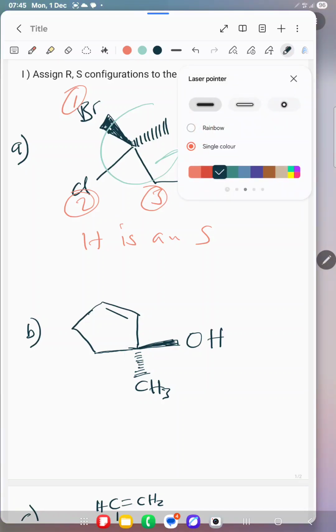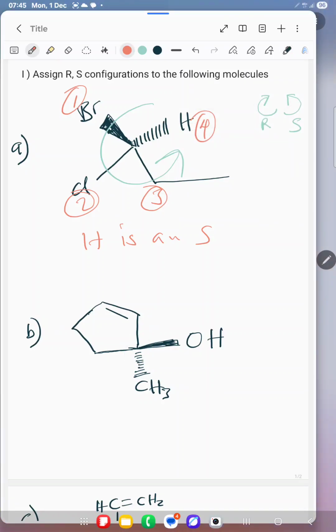After you've identified your chiral center, you say this oxygen which is attached to the central carbon is our number 1. Then which one comes next? When you look at all these atoms attached to this chiral center, they are all carbons, so there is a tie.